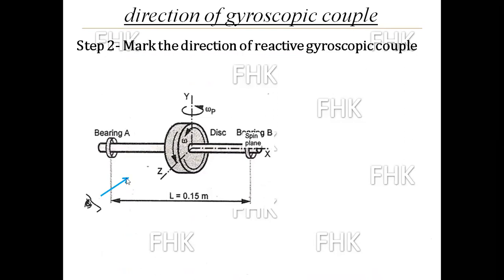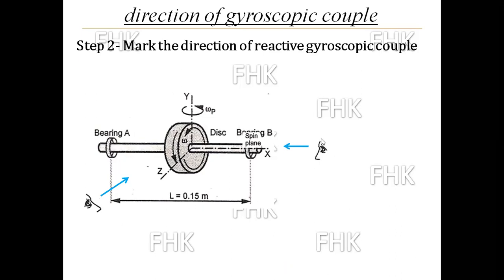So this is the position of looking at the system. This is the front view. When you are looking at the system from this direction, this will become your right hand side bearing and this will become your left hand side bearing. So bearing B is on the right hand of the observer.